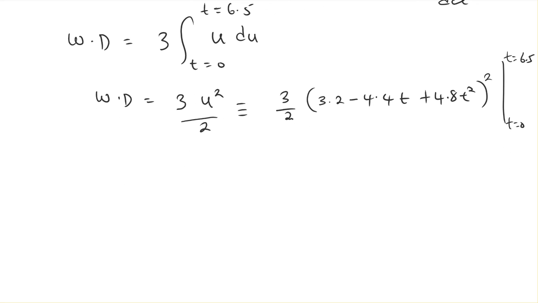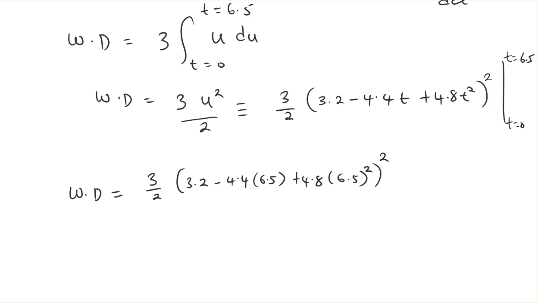Okay, so we have our work done here. We'll go with 6.5 first. We have 3 over 2 bracket 3.2 minus 4.4 times 6.5 for t, plus 4.8 times 6.5 squared for t again, and then squared because we have a square here, minus the lower limit substitution.